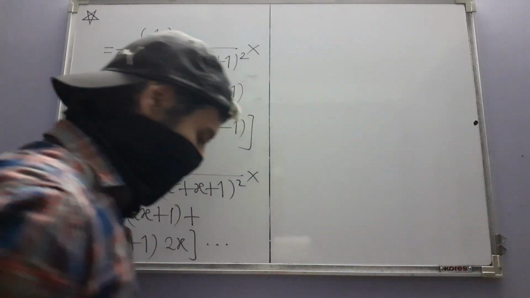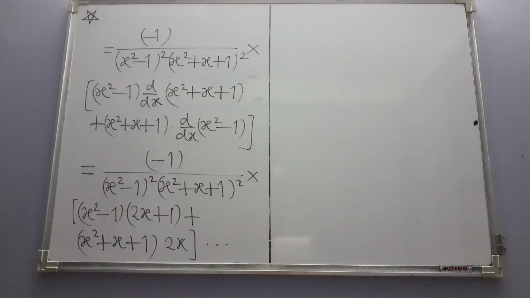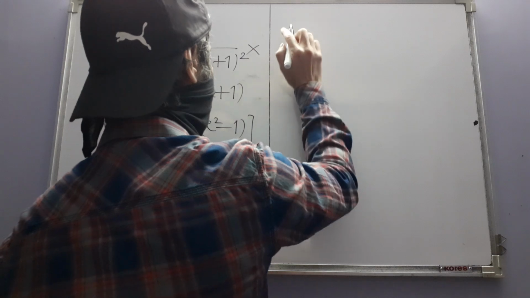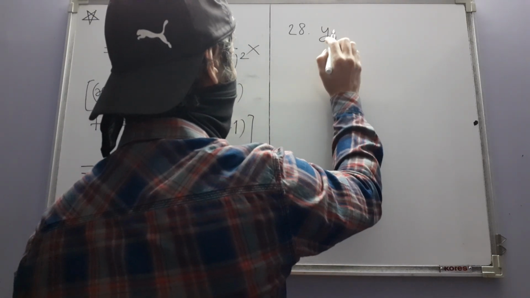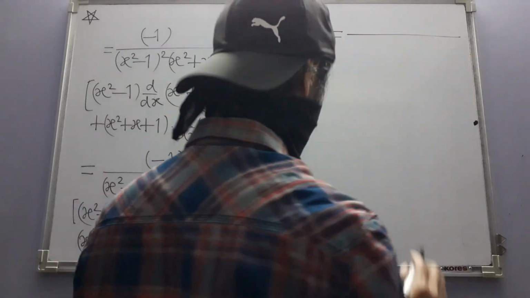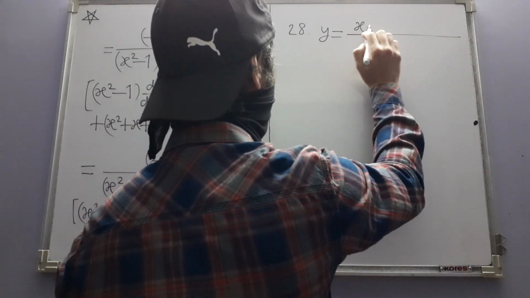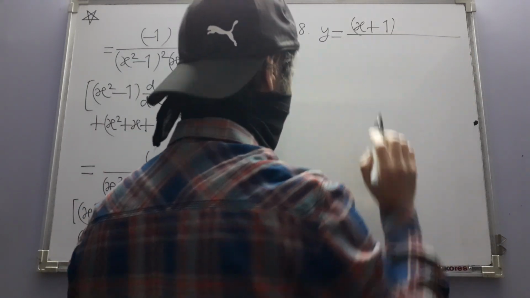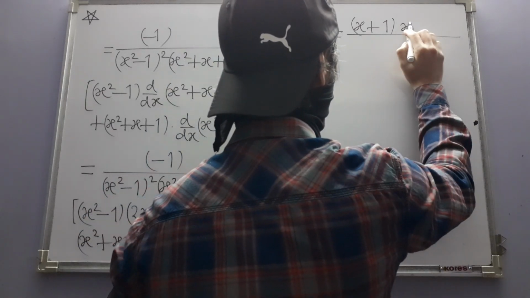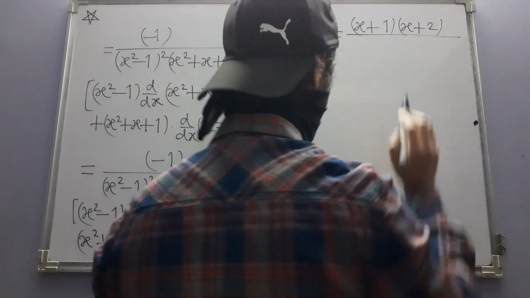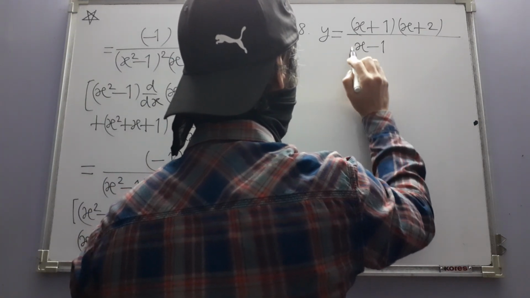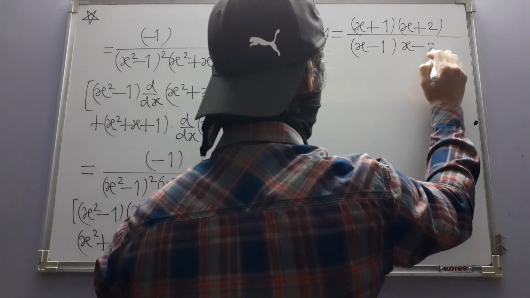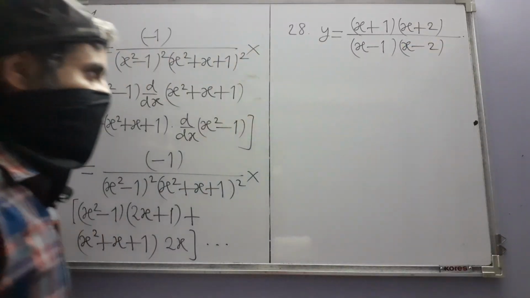And finally, there is this one, 28. Y is equal to x plus 1 times x plus 2 divided by x minus 1 times x minus 2.